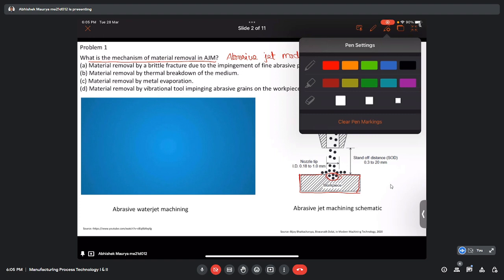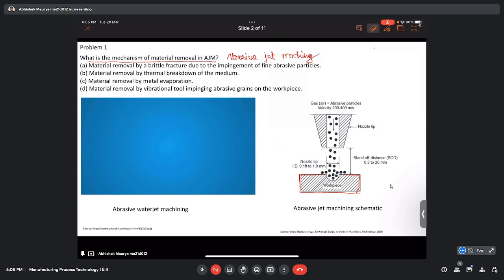What we do in abrasive jet machining is, we have some small abrasive particles, and with the help of these abrasive particles, we try to remove the material. Earlier, we have already discussed other techniques of material removal using abrasive particles, such as grinding.